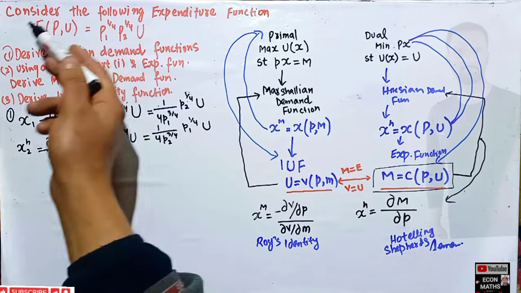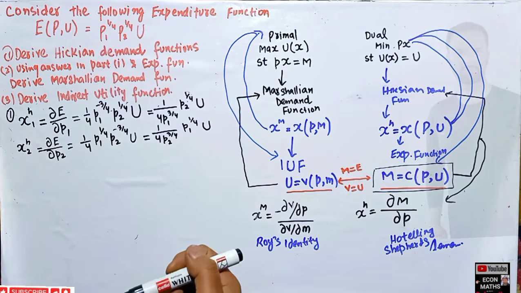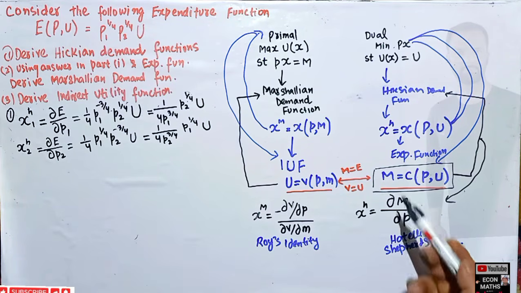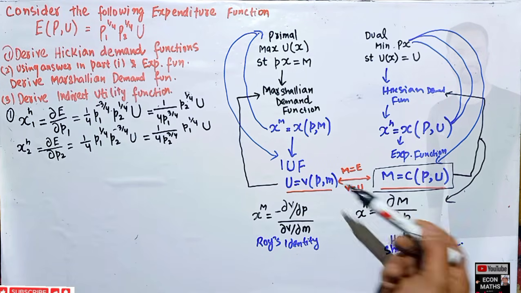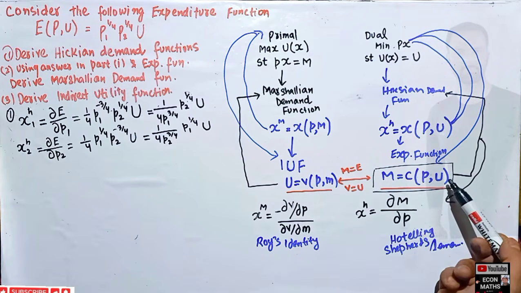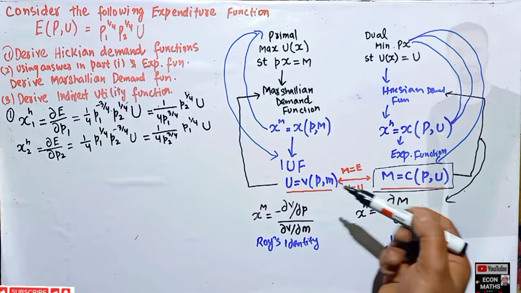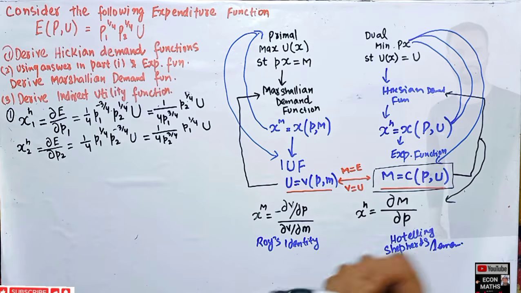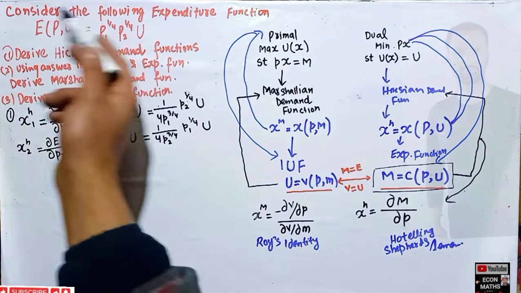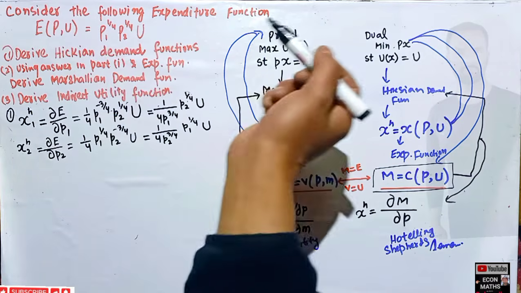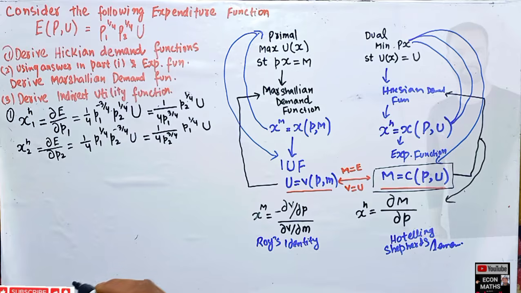If we solve this very function for u, we will get the indirect utility function. I have just told you, since utility is a function of expenditure and expenditure is a function of utility, if we solve both ways, we will get either the expenditure function or the utility function. I repeat, to get the indirect utility function from the expenditure function, we will solve this very expenditure function for u.